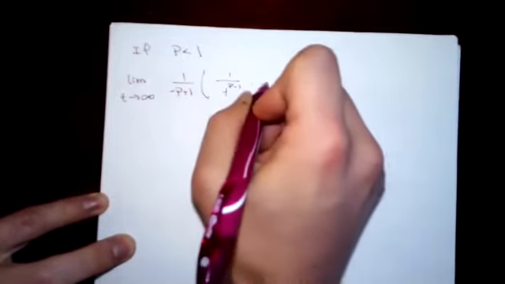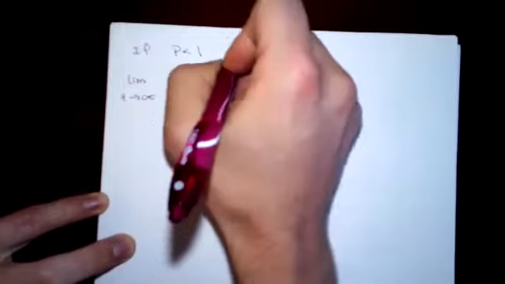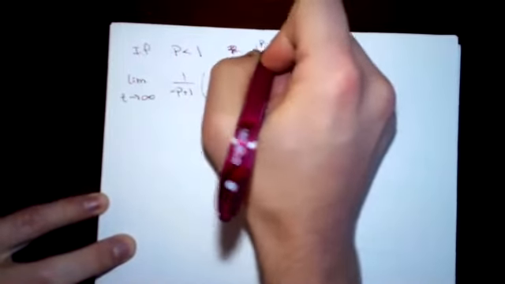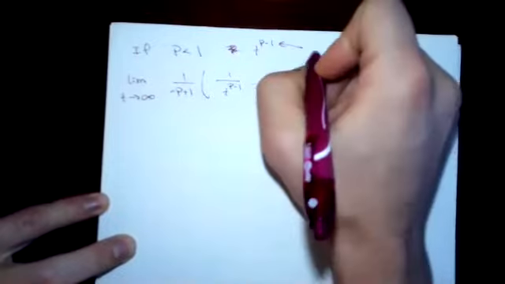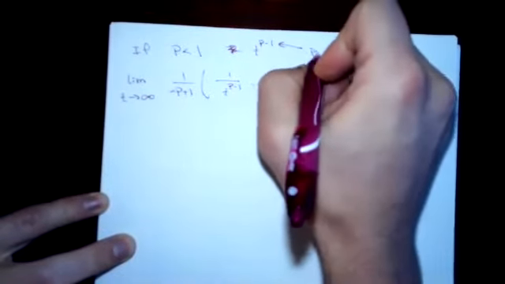So if p is less than 1, what are we trying to compute? This is the limit as t goes to infinity of this guy again. But this p minus 1 is negative.